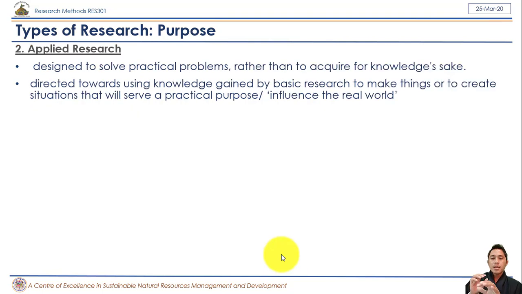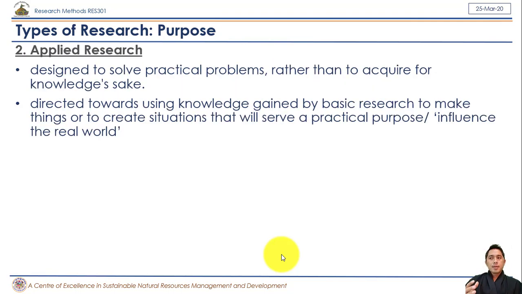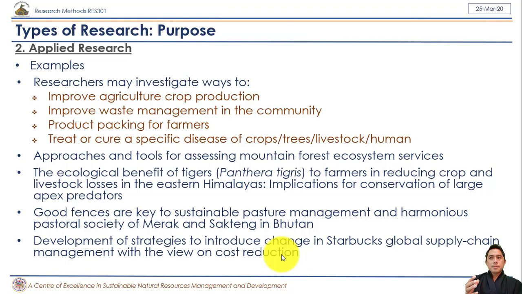And the second type of research is applied research. This is mainly done with the intention to apply whatever knowledge we have acquired from basic research. Some of the examples that I can give here: it mainly happens in the agriculture sector in Bhutan.